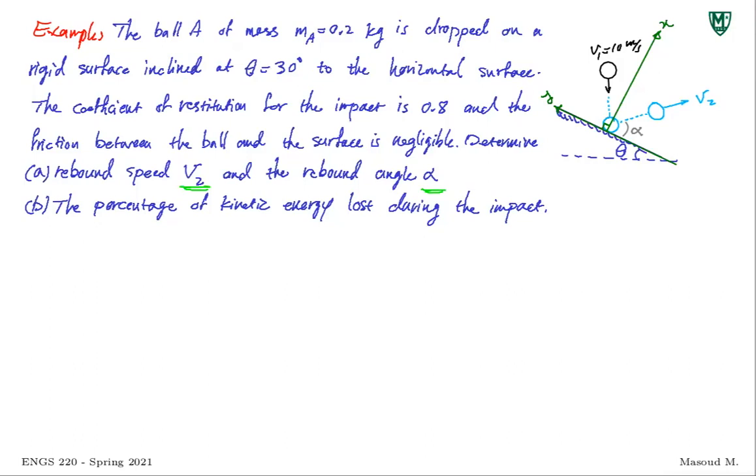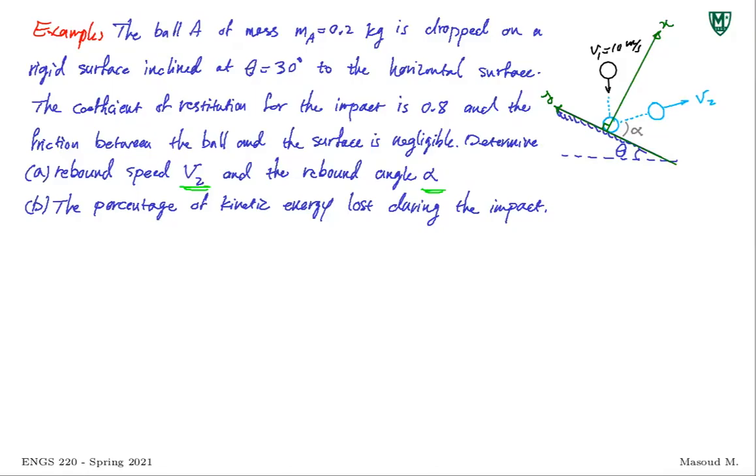And then the second part, percentage of kinetic energy, is basically the difference between kinetic energy before and after. You can find that by writing the equation for kinetic energy. Knowing the velocity before and the velocity after, we can find the kinetic energy before and after.